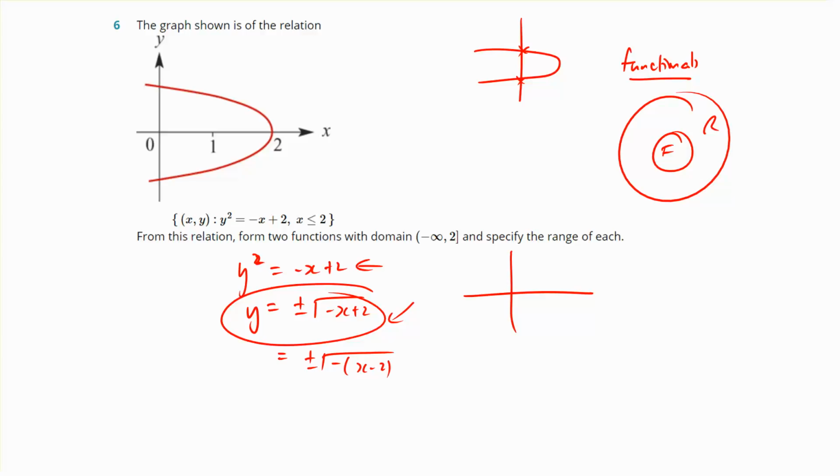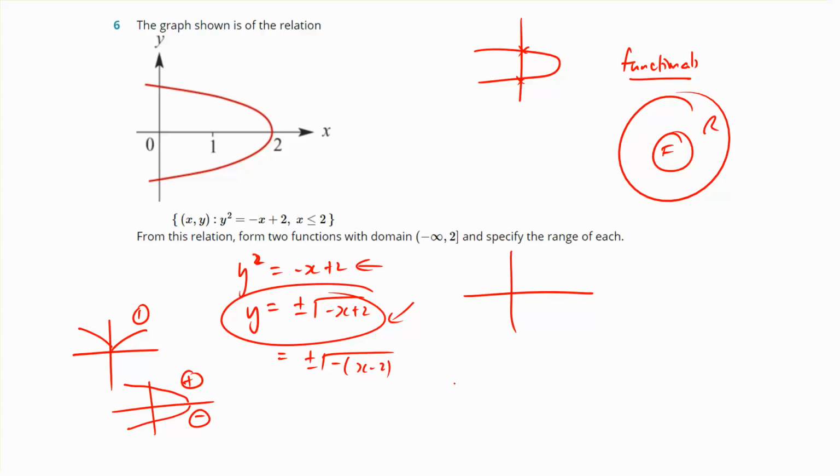The graph of root x has been reflected and moved 2 to the right. So we've got two versions, the plus version and the minus version. This one that looks like this is the plus version, and the one that looks like that is the minus version.